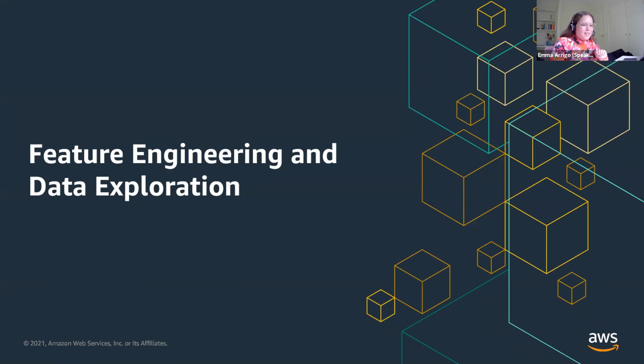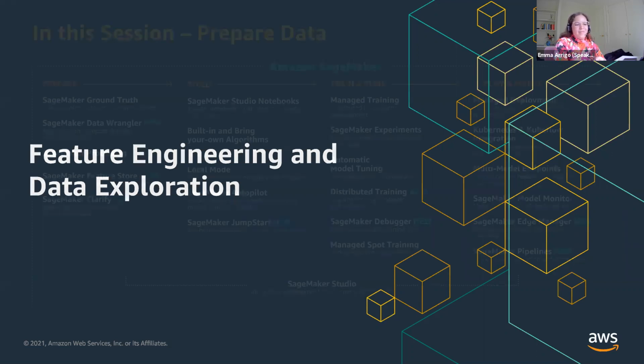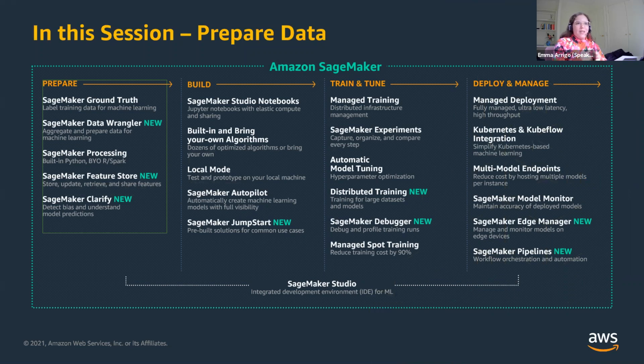Okay. So we'll now go into a bit more about the feature engineering and data exploration tools available and why I think they're really useful for AI. As we said, we'll be looking at prepare, and we're going to specifically be looking at Data Wrangler.